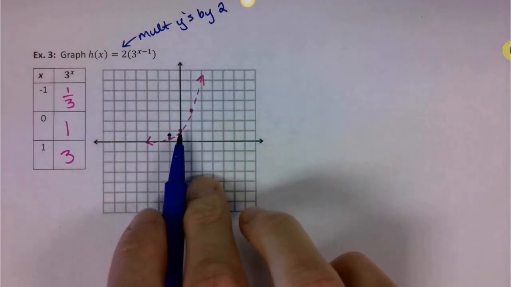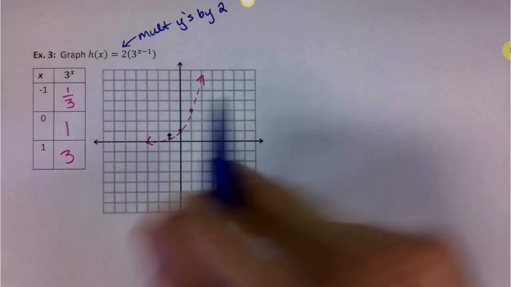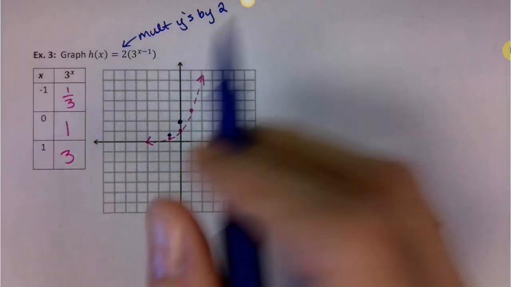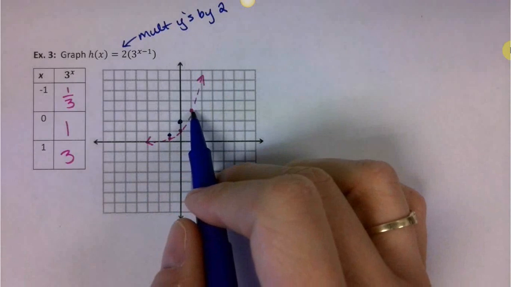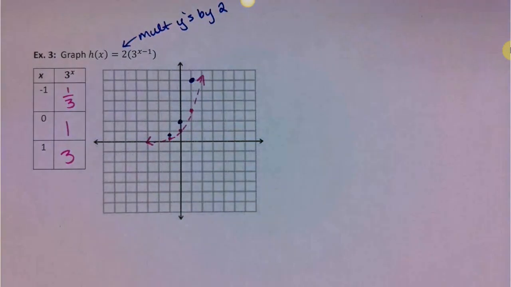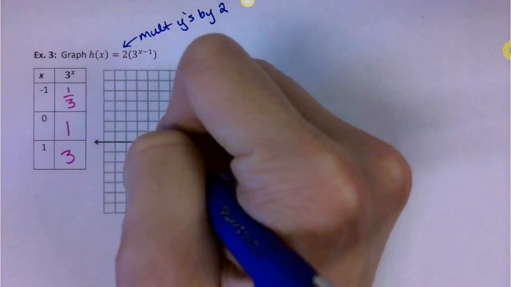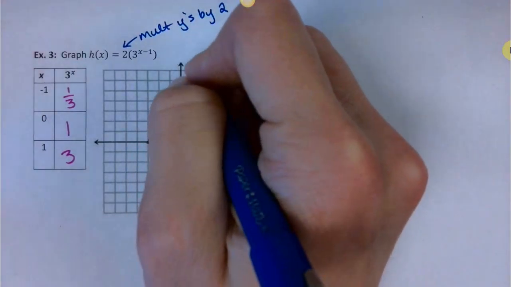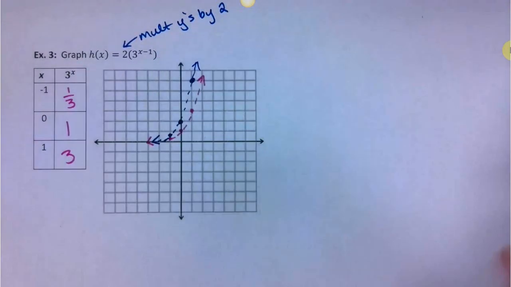This point, which was originally at y equals 1, is now going to be at y equals 2. And this point, which was originally at y equals 3, is now going to be at 3 times 2, or 6. So this is how the 2 affects our original graph.